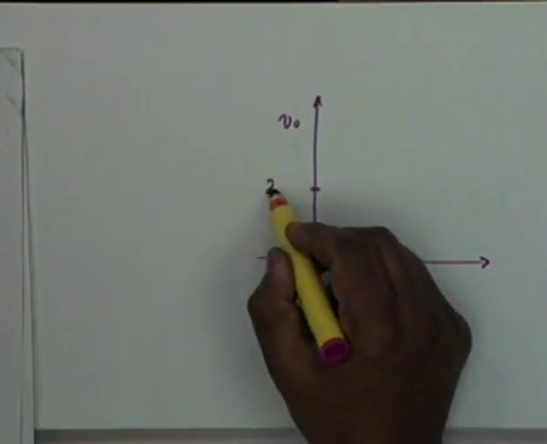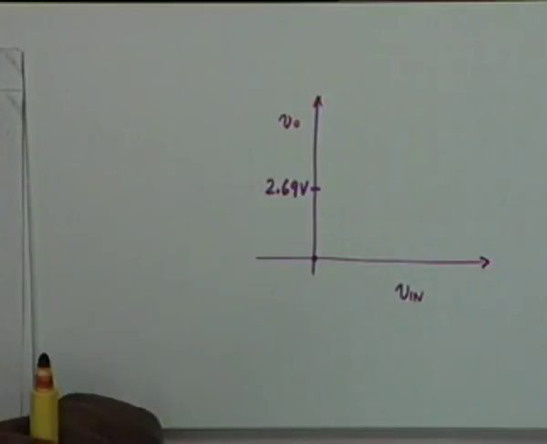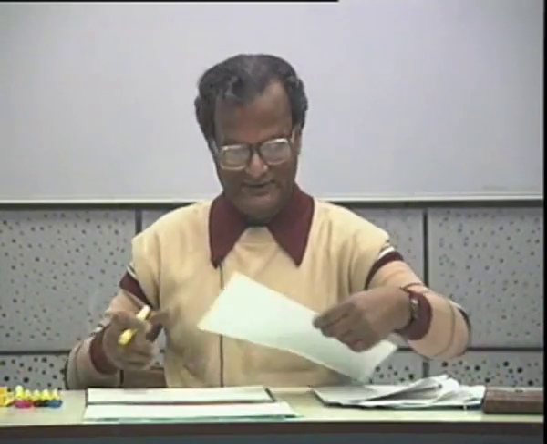Let's say somewhere here, 2.69 volt. All right? Obviously, if I want to change this state, if I want to make Q1 conducting, then I have to increase Vin. Let's do that.